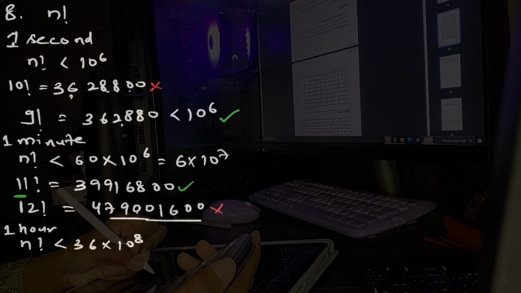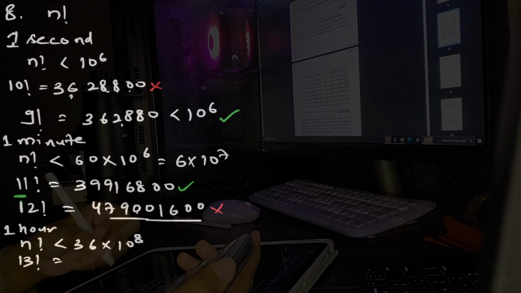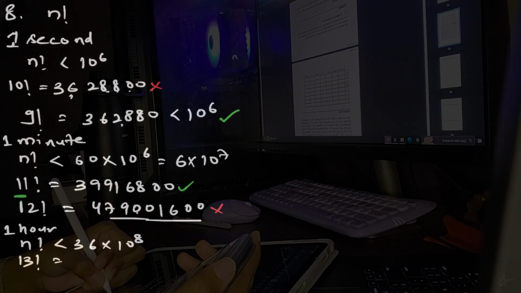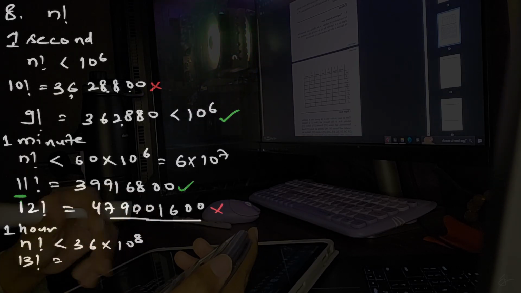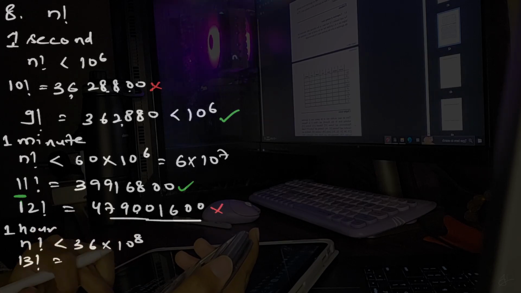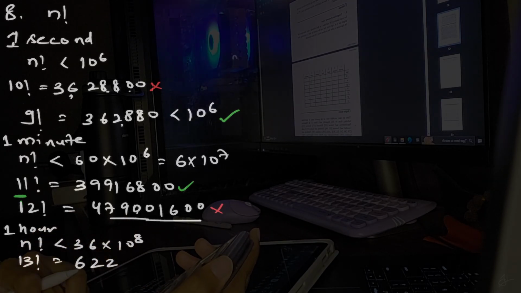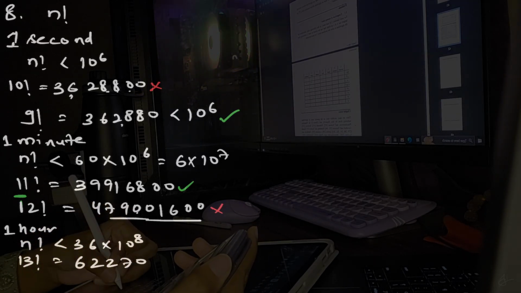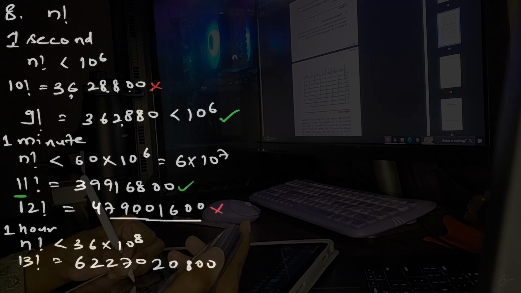Nice, here somewhere. So I can check for 13 factorial and see what it is. 13 factorial is 6227020800.